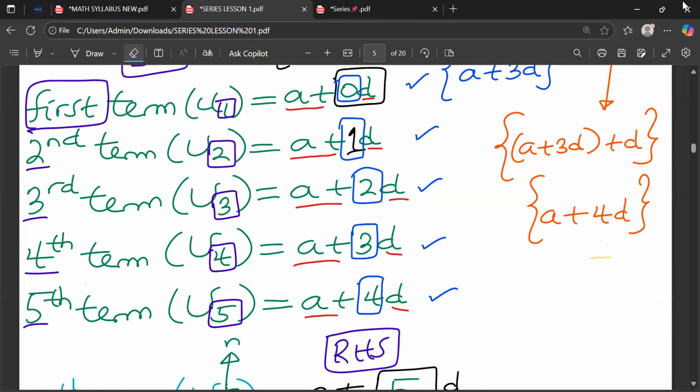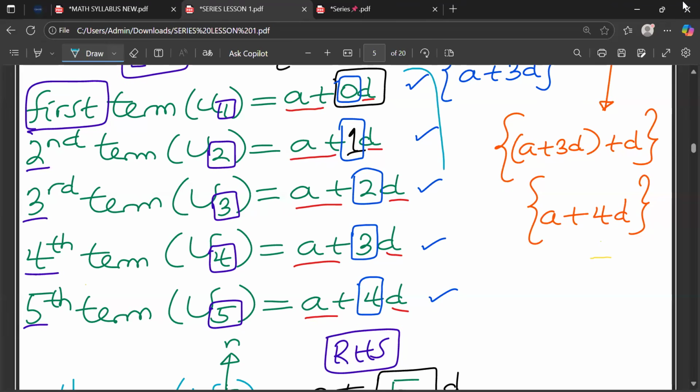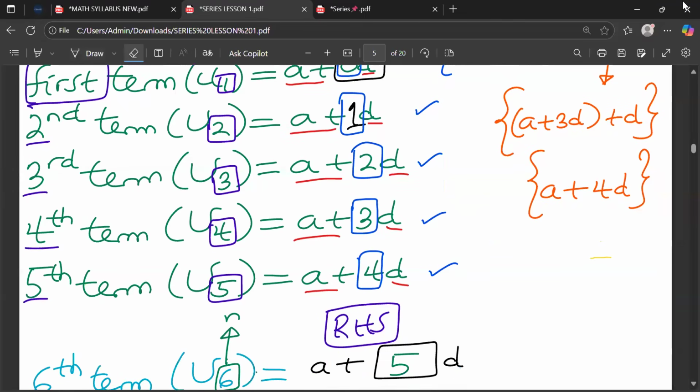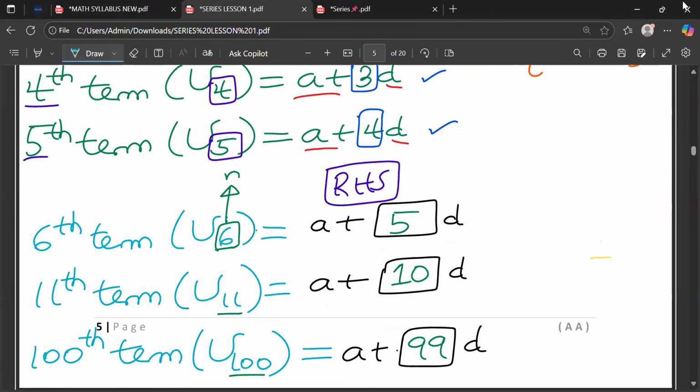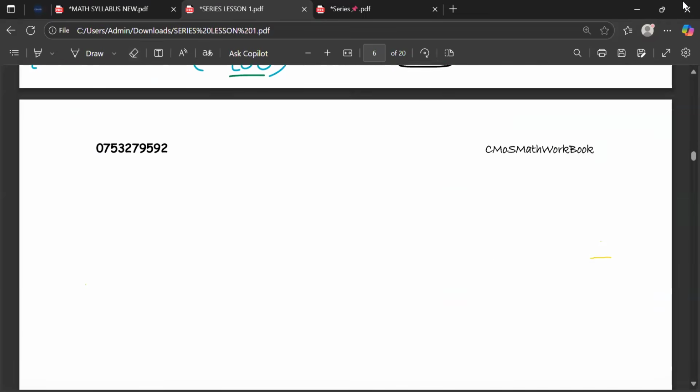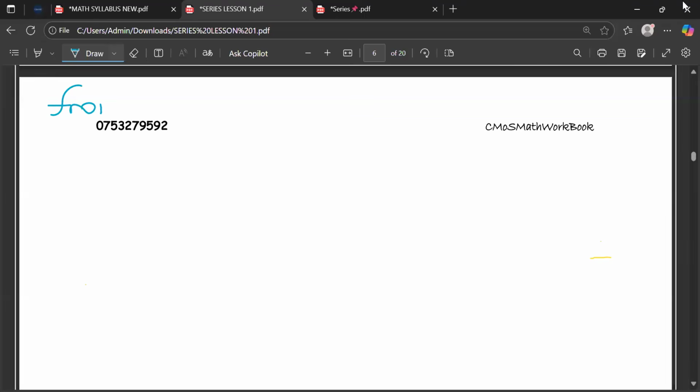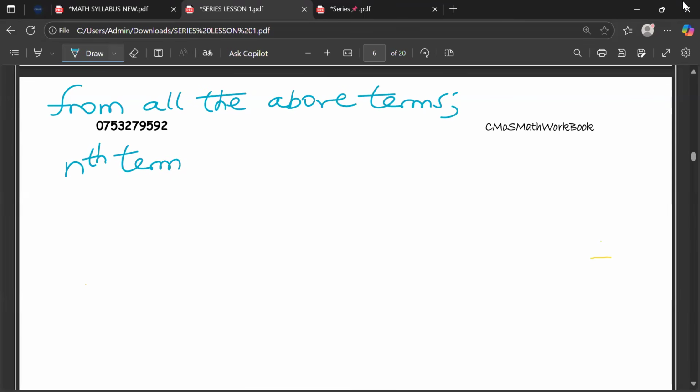what am I drawing? Okay, from all that, from all the above terms, if you really need an nth term, which is like this, we have agreed A is a constant, but the disturbing part is that box, then the D should come.